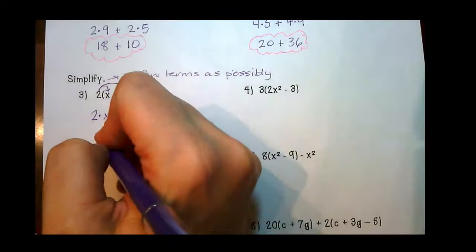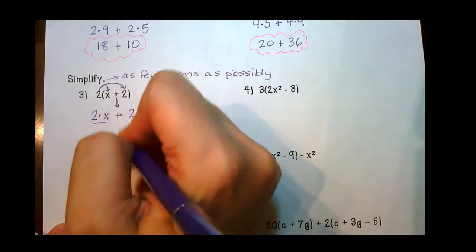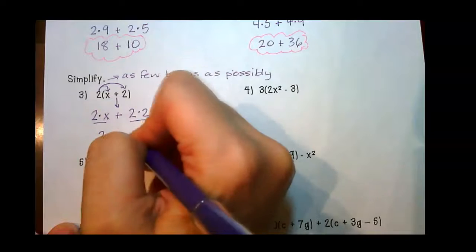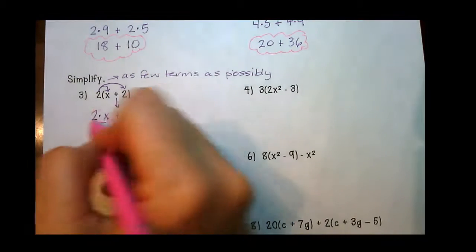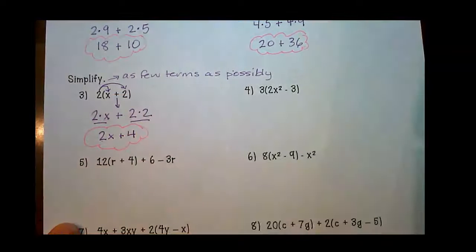Multiply these two, which would be 2x plus 2 times 2 is 4. I think you could skip this step, but if you need it, there's nothing wrong with writing it. Okay? Alright, well, let's look at the next one.